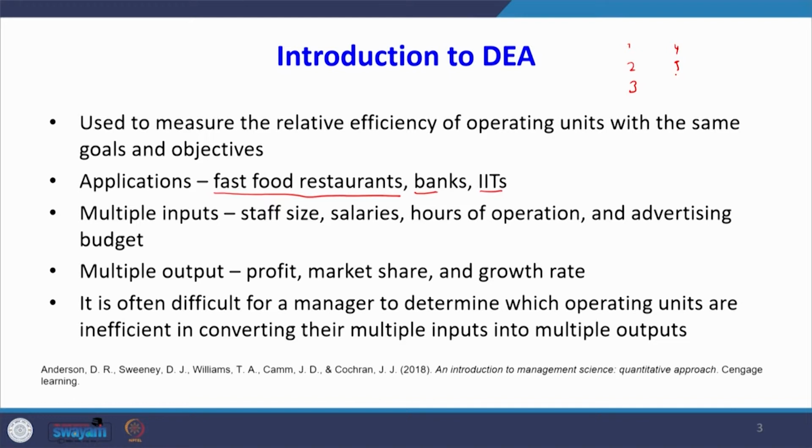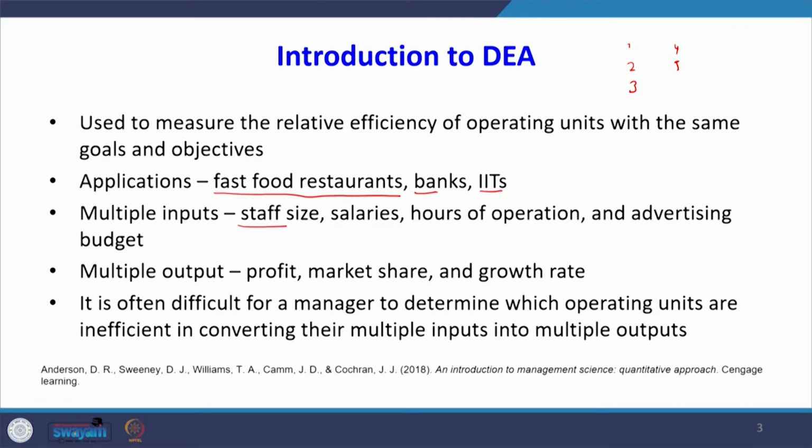For example, if it is a restaurant, what are the possible multiple inputs? The staff size is one of the inputs, salaries, hours of operation and advertising budget. Obviously, when the staff size is more, the output will be more, and salary is an indirect way of representing the inputs. In a restaurant context, what are the multiple outputs? Profit, market share, growth rate.